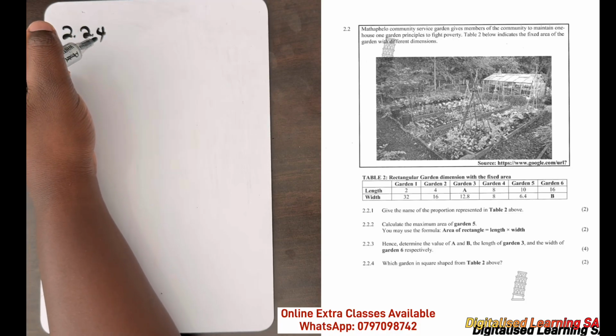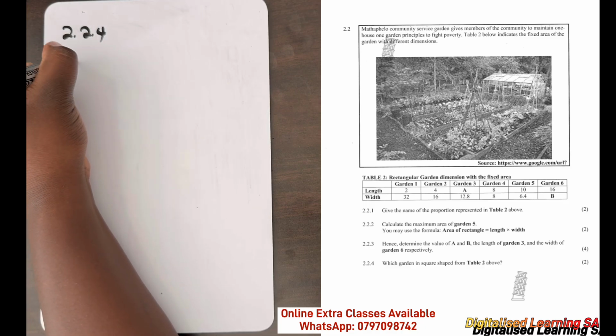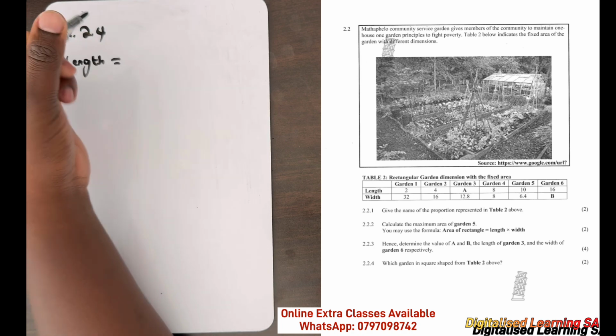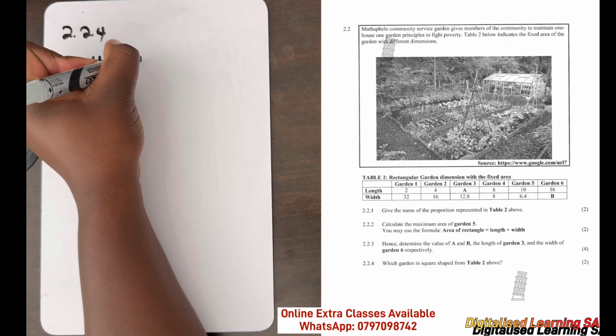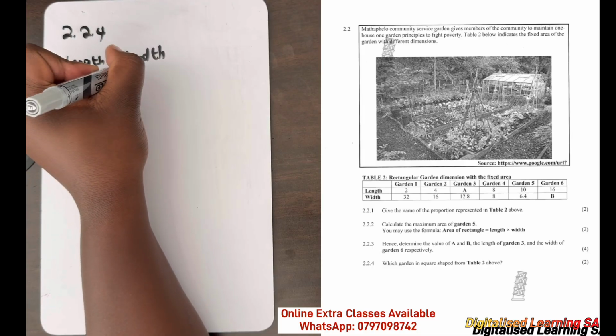So question 2.2.4 says, which garden is square shaped from the table above. So square shaped means that our length and our width need to be equal.